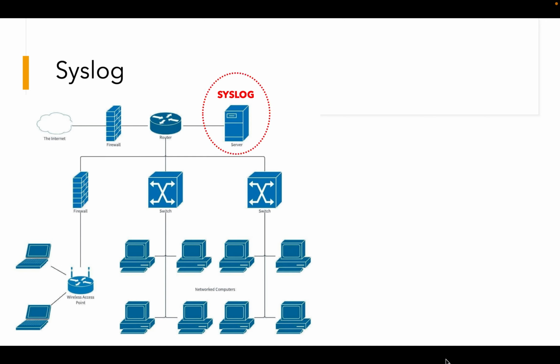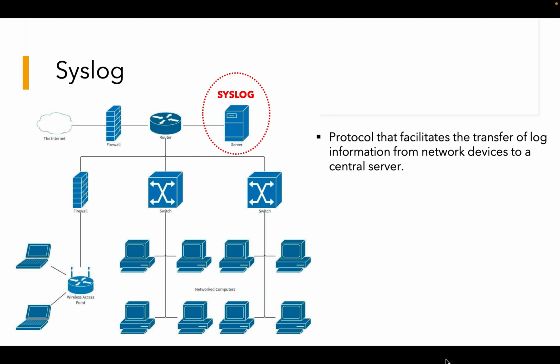Now the question arises, what is SYSLOG? SYSLOG is a protocol that facilitates the transfer of log information from network devices such as switch or router to a central server known as SYSLOG server. It uses UDP to send messages to SYSLOG server for storage.